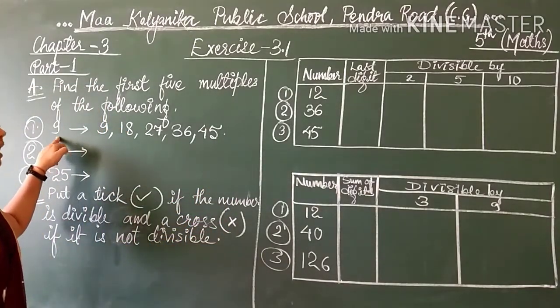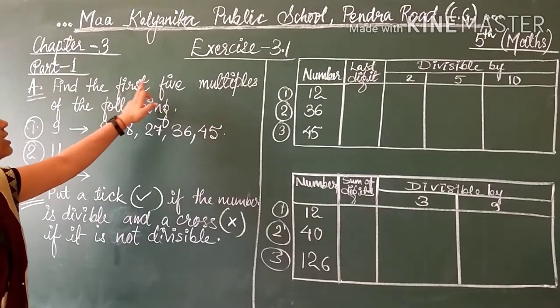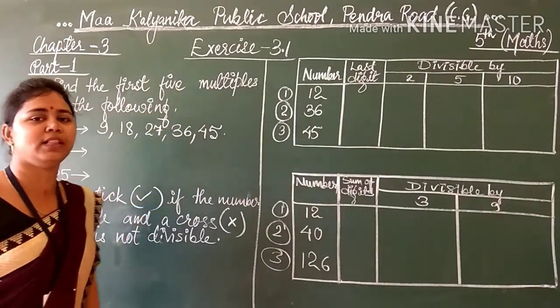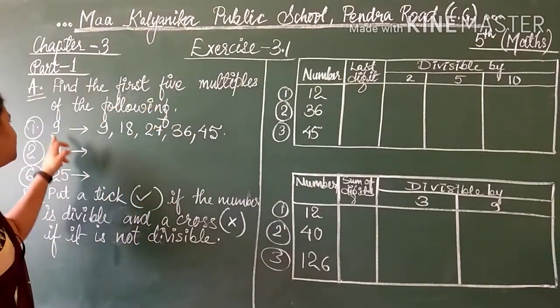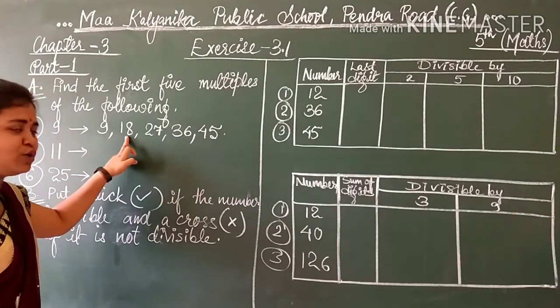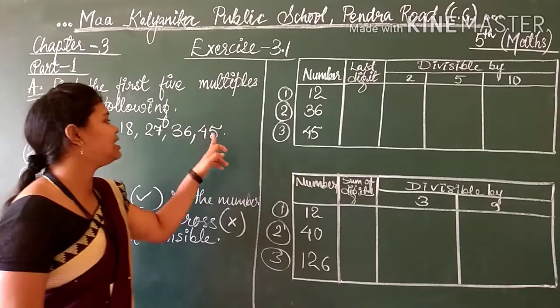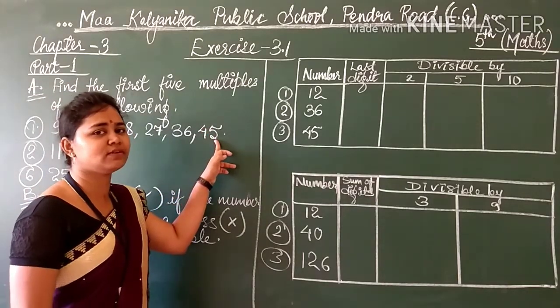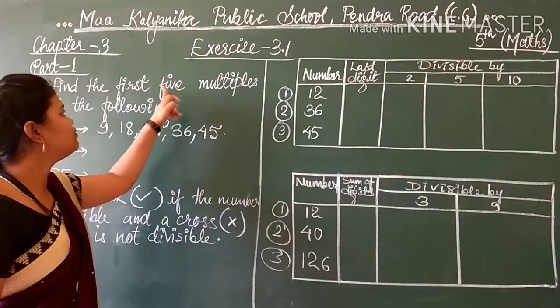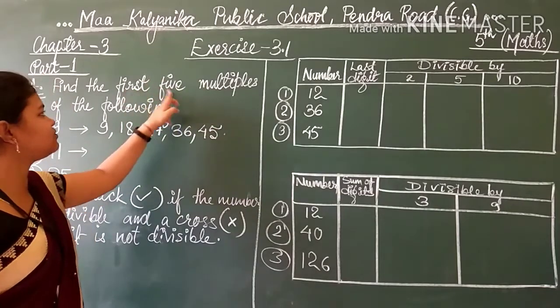See here, you will write the table of 9 if it is asked for the first 5 or first 3 multiples. 9 ones are 9, 9 twos are 18, 9 threes are 27, 9 fours are 36, 9 fives are 45. Why up to 9 fives are 45? Because we want the first 5 multiples.